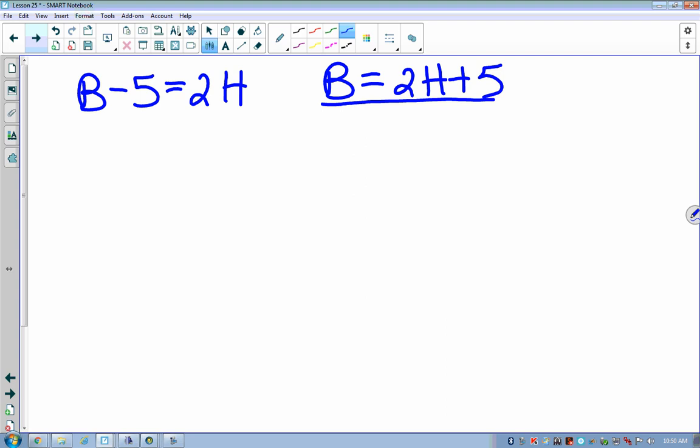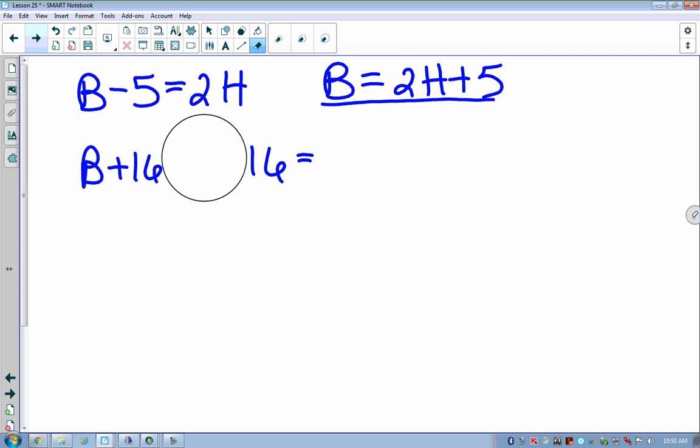In 16 years, the sum of their ages will be 100. Okay? Equal to 100. B plus 16 plus, no, 16 years from now, Ben's age, plus 16 years from now, Henry's age, will be what? Plus H plus 16 will be 100.